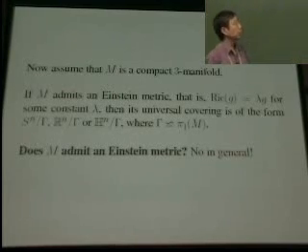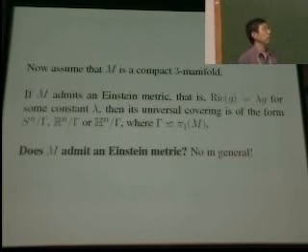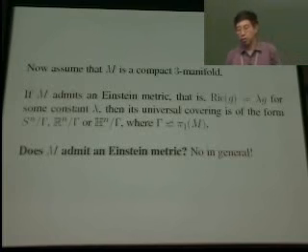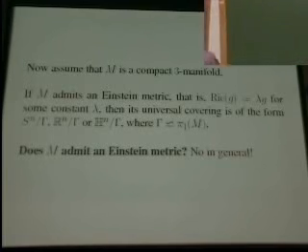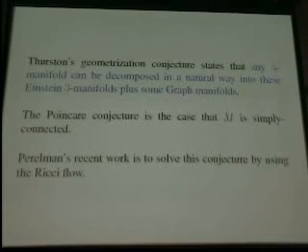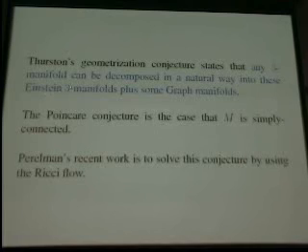Now the question is, does M admit an Einstein metric? Unlike in the two-dimensional case, in general the answer is no. The geometrization conjecture basically says any three-manifold can be decomposed in a natural way into these Einstein three-manifolds plus some graph manifolds.